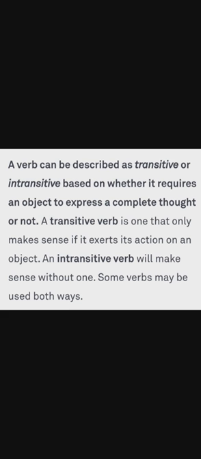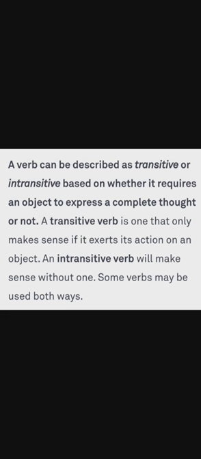Alright, so a transitive verb is one that only makes sense if it exerts its action on an object. So we will say that a verb is transitive if the action passes from subject to object. In the case of Ram plays football, the action has passed from Ram to football. Now the same sentence, if I say Ram plays, then this verb play will become an intransitive verb, because the action was initiated by Ram, but it was not passed.